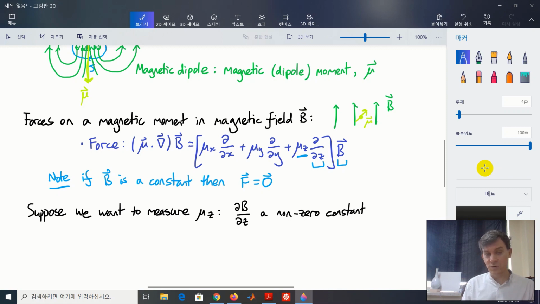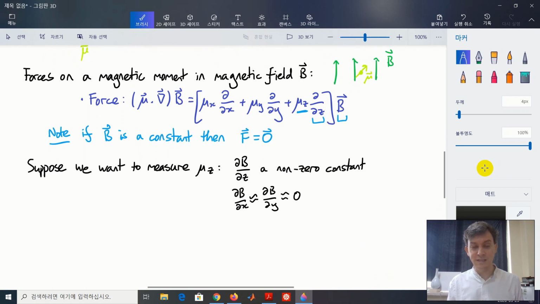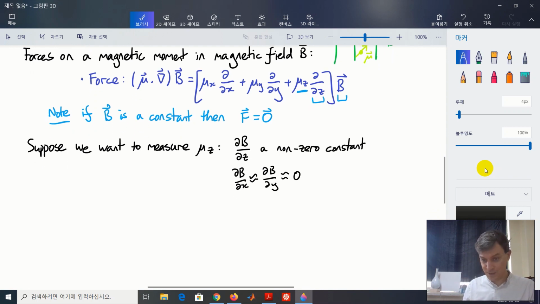And because we don't want to measure mu y or mu x, we want the other derivatives to be approximately equal to 0. You can't actually get a magnetic field where this is exactly true, where these two derivatives are 0 and this one is not, but you can get something which is approximately right, as follows.